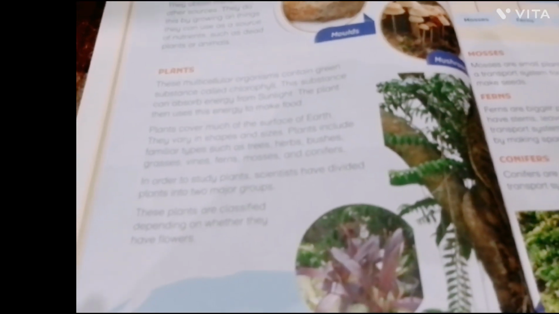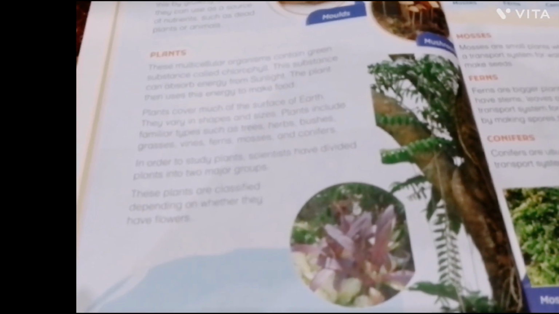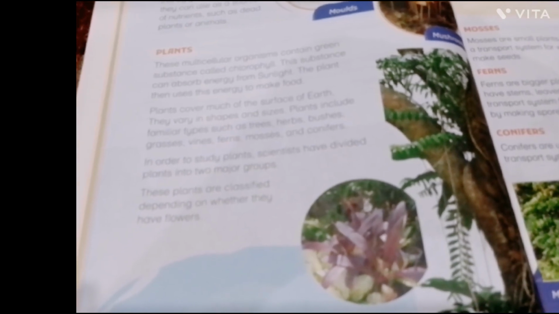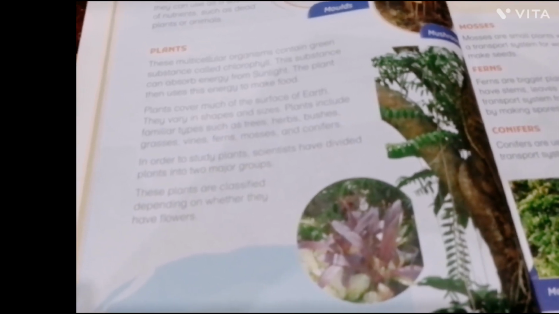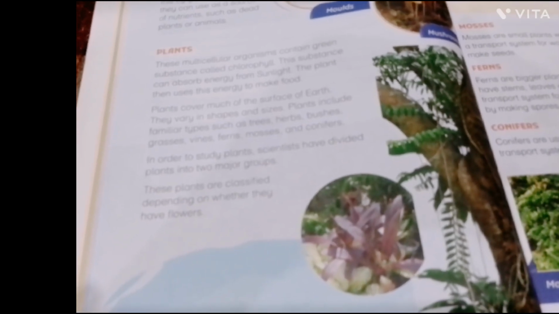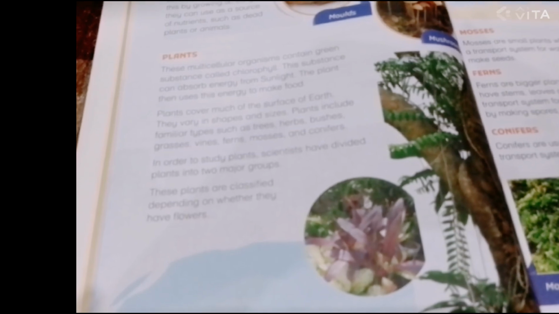Plants cover much of the surface of the earth. They vary in shape and size. Plants include types such as trees, herbs, bushes, grasses, vines, ferns, conifers, and mosses. These are the types of plants.